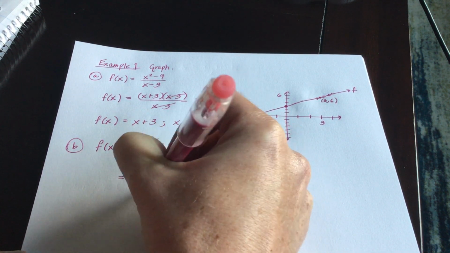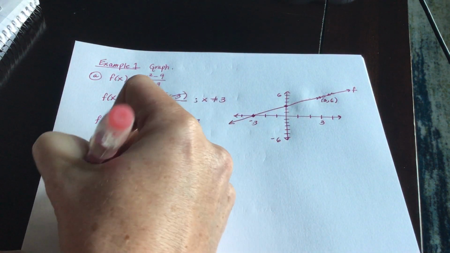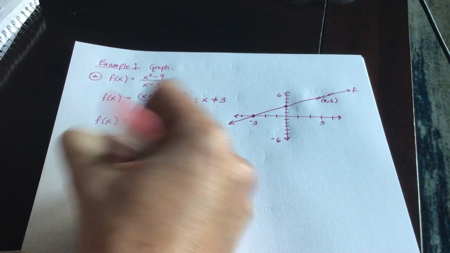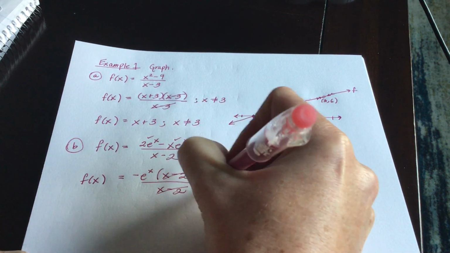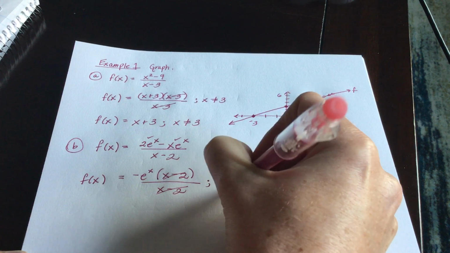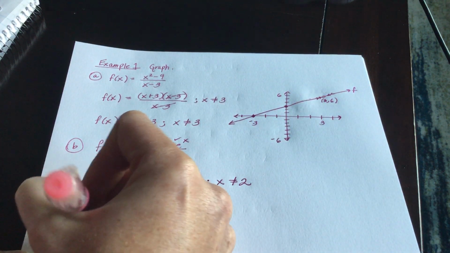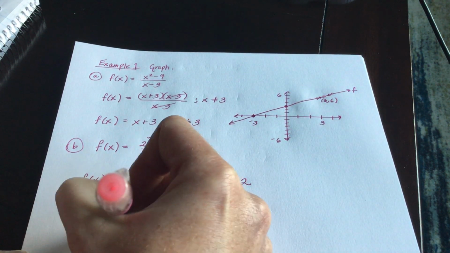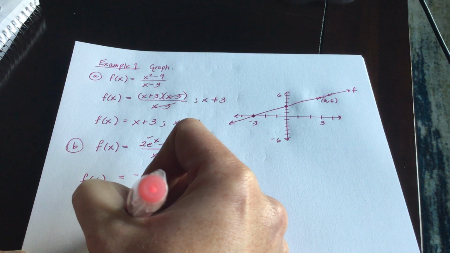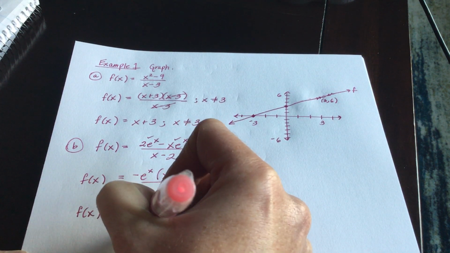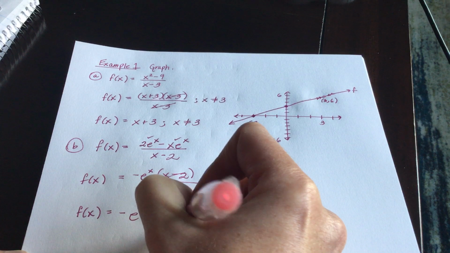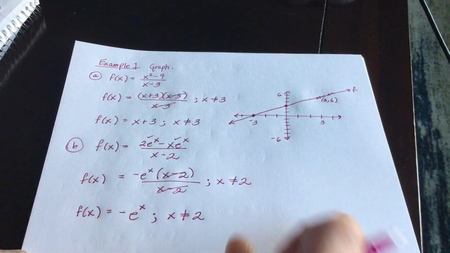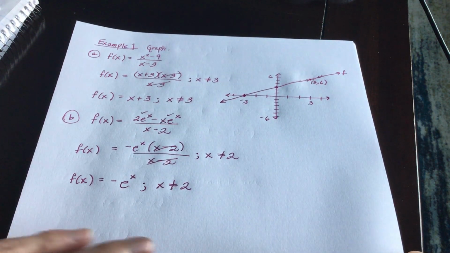And then the x minus 2's cancel as long as you're not plugging in 2. So we'll just go ahead and say f of x is simply the graph of negative 1 times e to the x, except right at the little instant where x is 2.